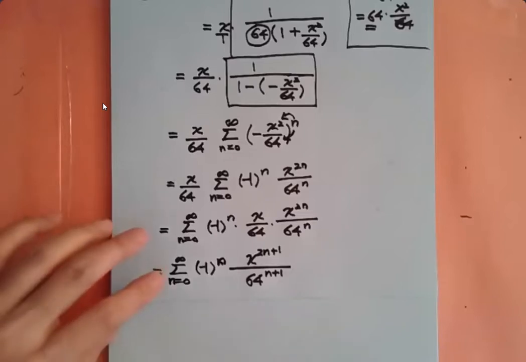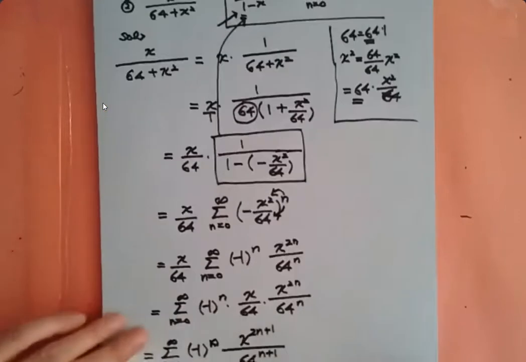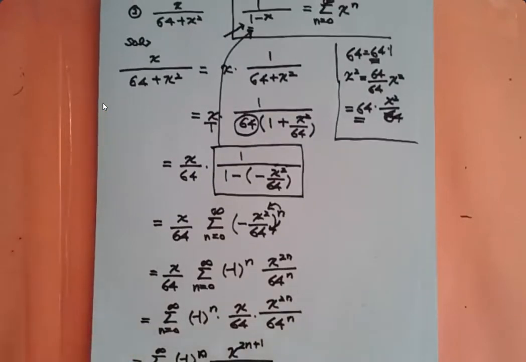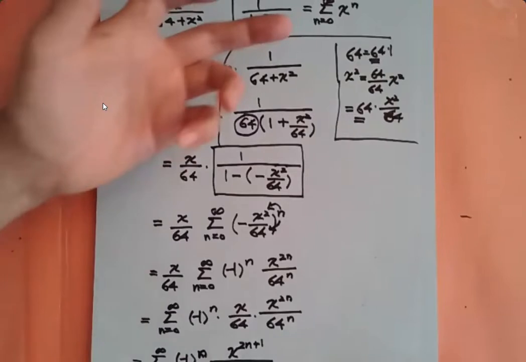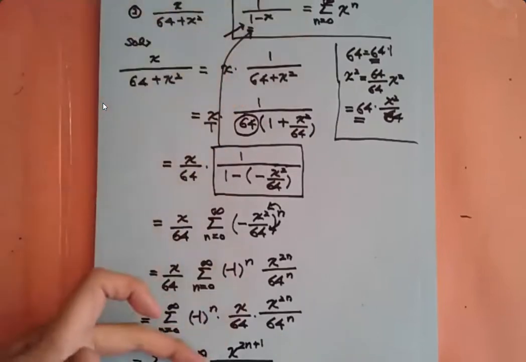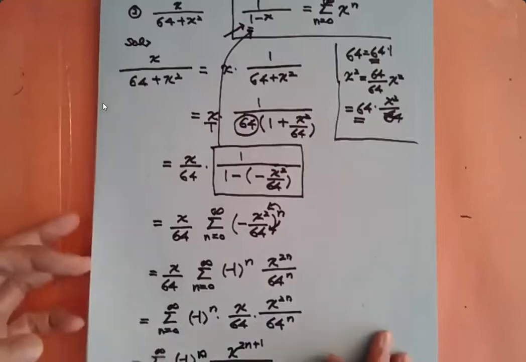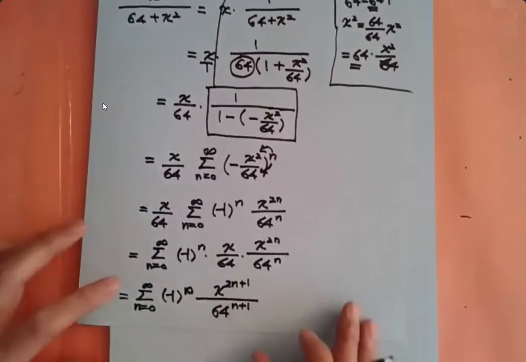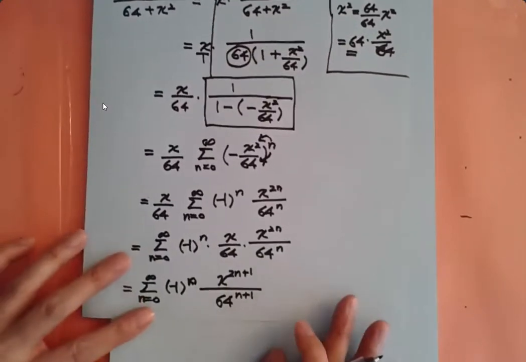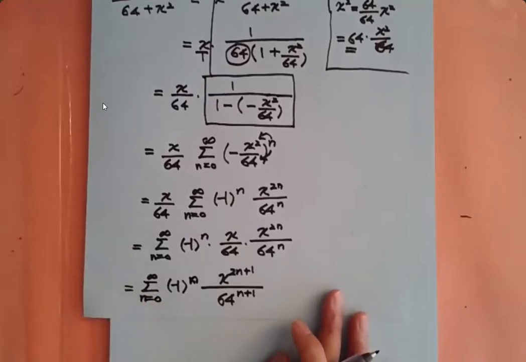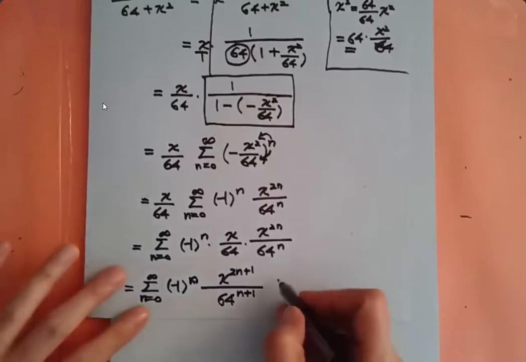So our next goal is something similar to the power series, but this is not entirely the same format. So we want to raise that to the n power. The way we do it is something like this.